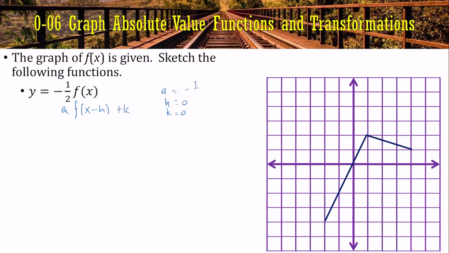A is negative 1/2. So that means I'm going to multiply the y values. So down here, the y is negative 4. Negative 4 times a negative half is 2. It's up here.